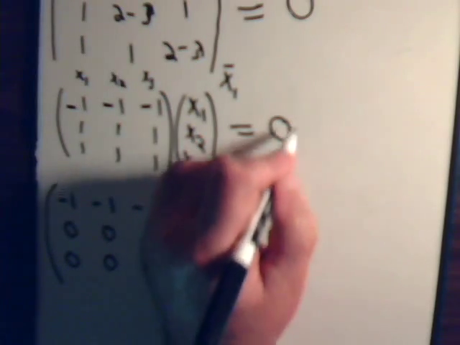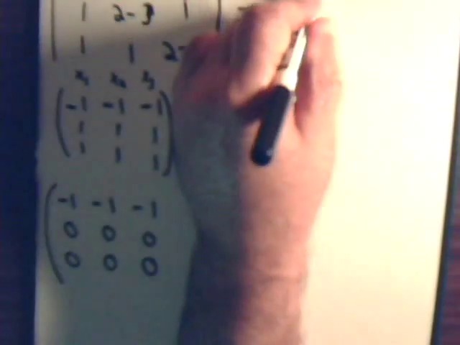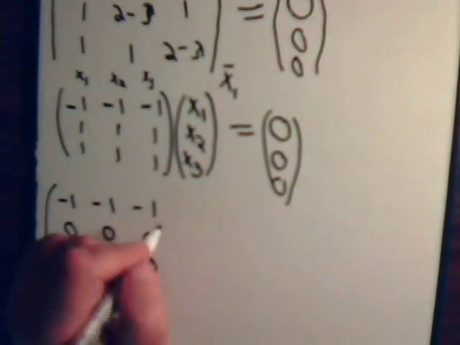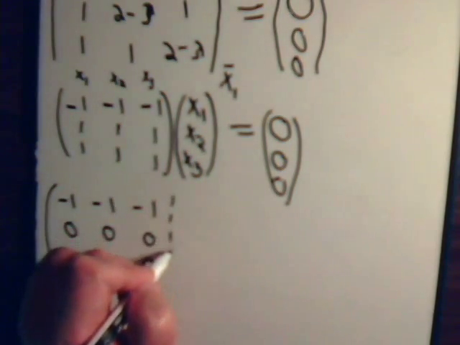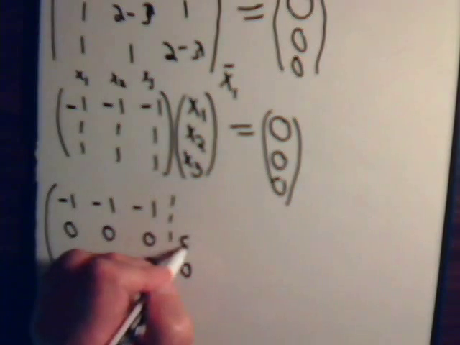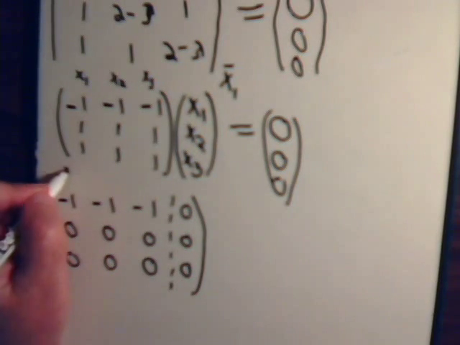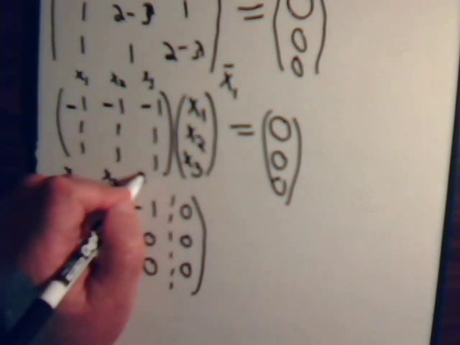And then writing this in, we should have it like this. That is a 0 vector it's equal to. And then writing this in augmented matrix form, we have, okay, and again, here is the column for x1, x2, and x3.